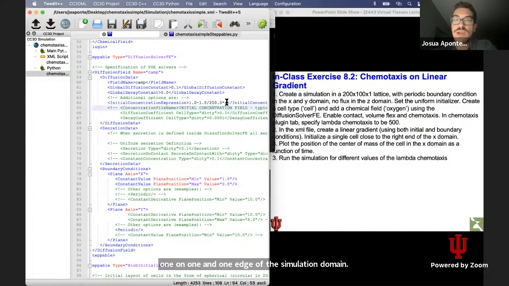And then for the initial concentration, we know what the linear profile is, so we can set our initial concentration to be that. So we don't have to wait for the field to equilibrate. Okay, 3 people are with me, so at least one should be able to show their code.